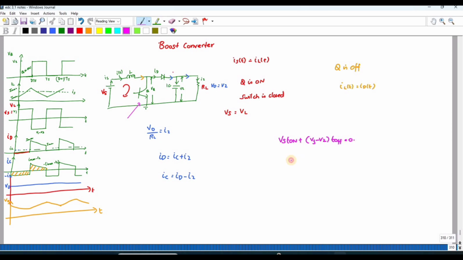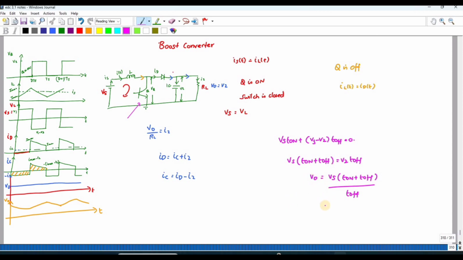So if that is the case, Vs I can take common, V2 T off. So what is V2? It is nothing but V naught. So V naught is Vs T on plus T off divided by T off.